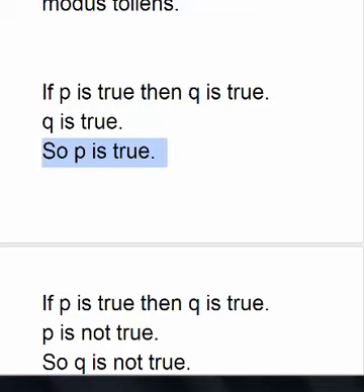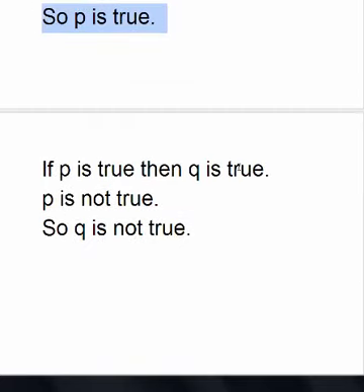Q being true is a necessary condition for P being true, but it is not a sufficient one. So we know that if Q is false, then P can't be true. But just because Q is true does not mean necessarily that P is true. So to conclude on the basis of Q being true that P is also true would be a fallacy. That is the fallacy of affirming the consequent.